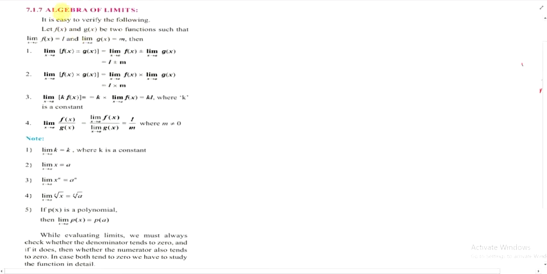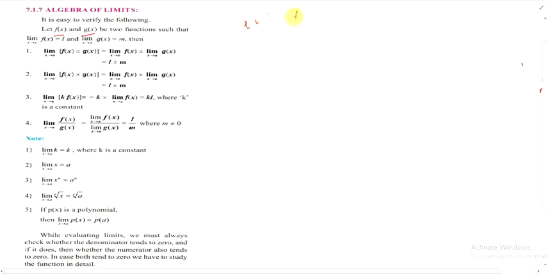So algebra of limits. Now to define the algebra, for example subtraction, we need at least two functions. Okay, and those functions we have to consider in such a way that their limit exists.